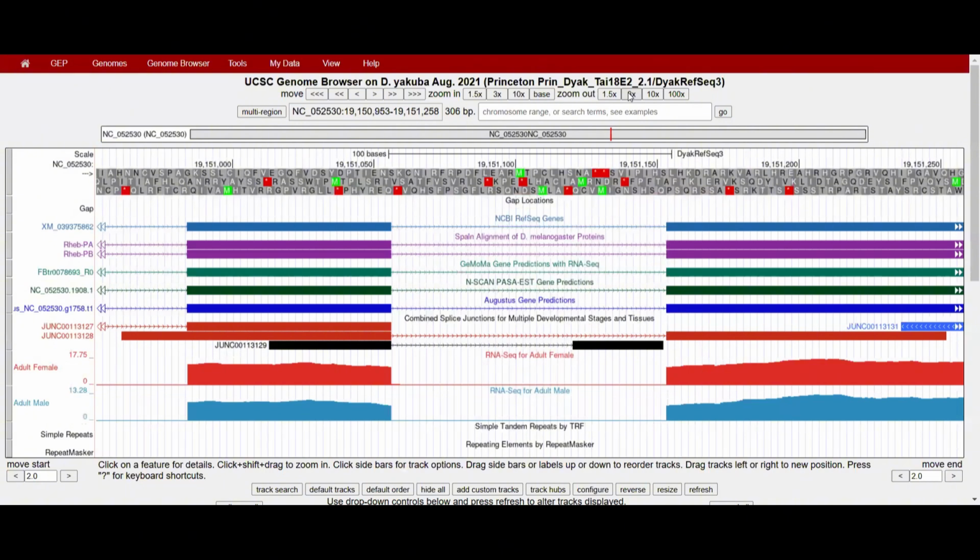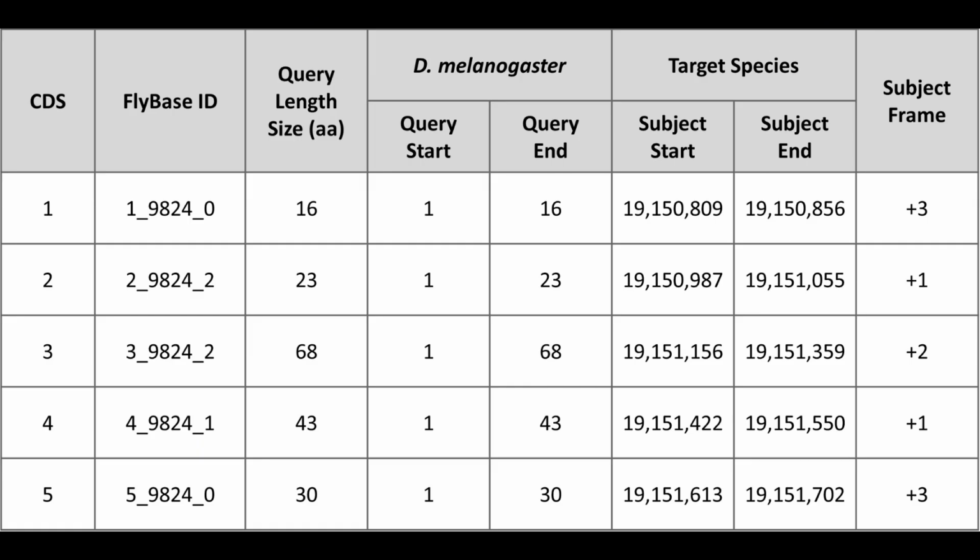There are 2 splice junctions predicted in this region that connect CDS2 with CDS3, junction 00113128 and junction 00113129. The T+N alignment for CDS2 ends at 19151055.